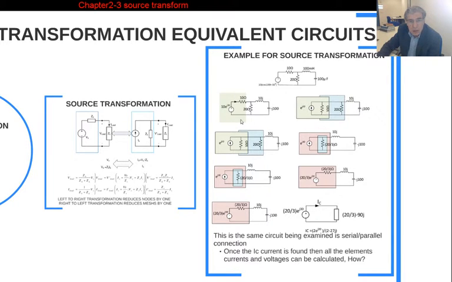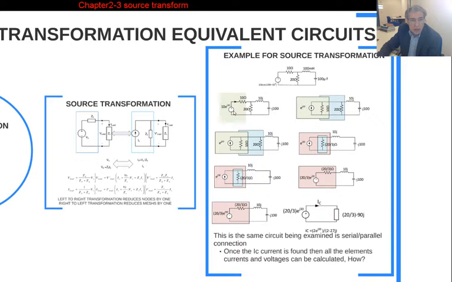What we see here in the green area is that we transferred all these elements to their impedances. These are the impedances of these elements, and this independent source's voltage phasor is written here.